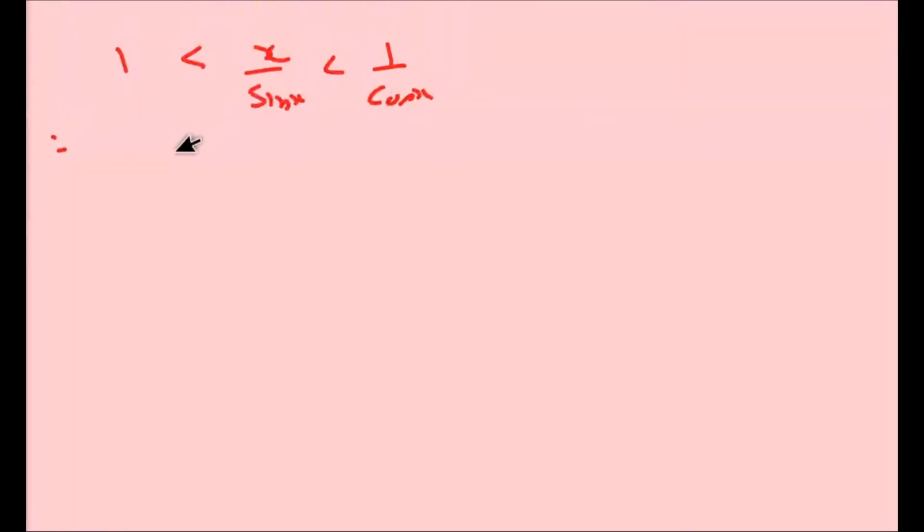Hence now, on taking the reciprocal, the sign will be changed, so we can write cos x less than sin x upon x less than 1. So this inequality is proved. Now using this we can get an important formula.